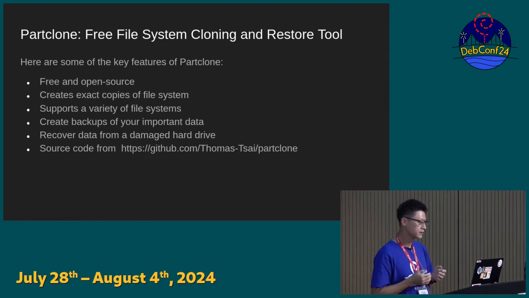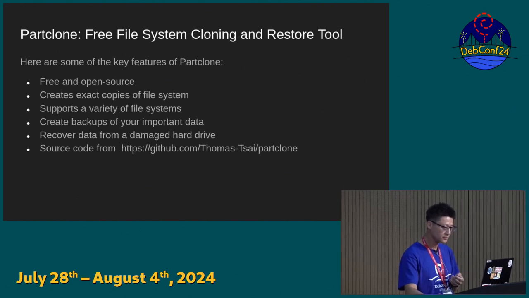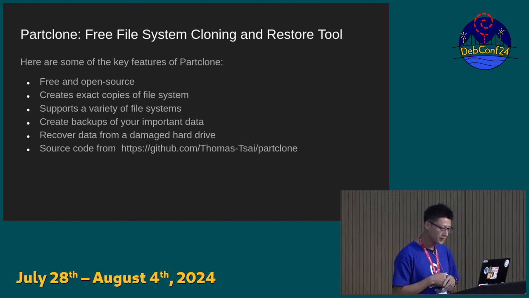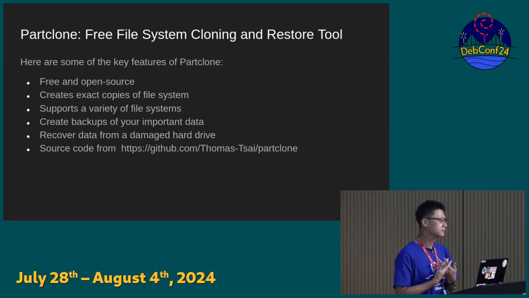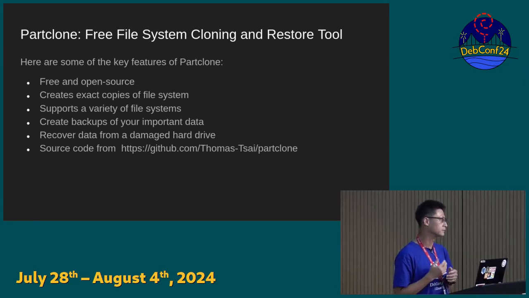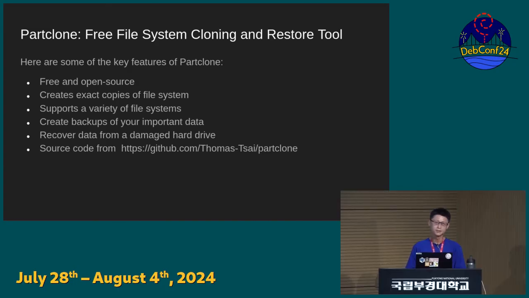Partclone is free and open source for system clone and restore. It supports many kinds of file systems, not just Linux, but also macOS, Microsoft, and VMware. You can get my source code on the GitHub page.